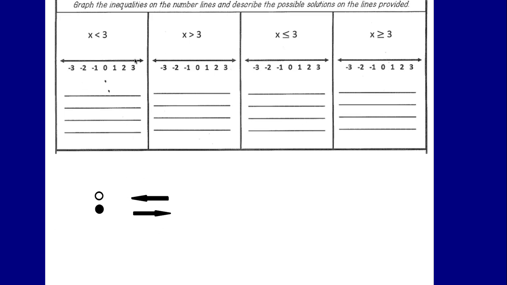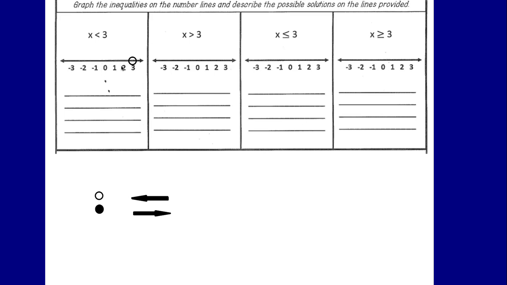We need to place a circle on our 3, but we need to determine if it is an open circle or a closed circle. Since x cannot be equal to 3, it will be an open circle. So we're going to draw an open circle on 3, and now we're ready to draw our x solution line.